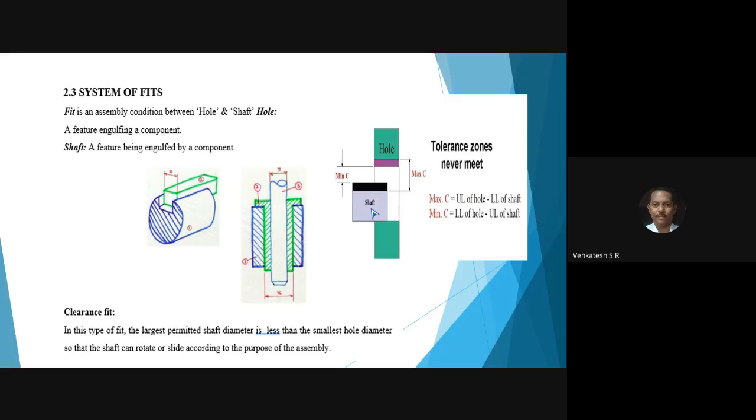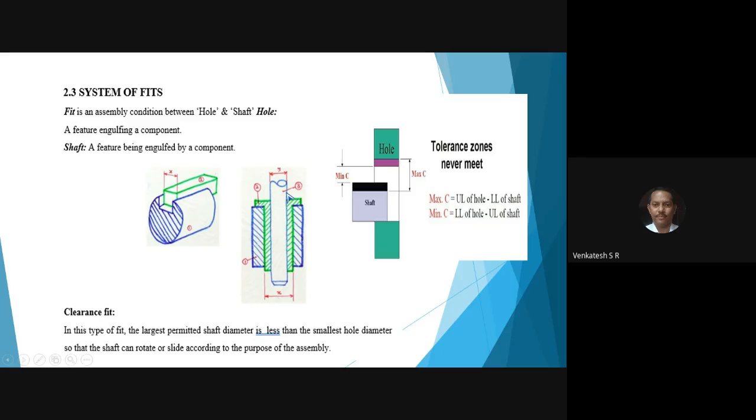The maximum difference between the diameter of the shaft and the hole is C. Upper limit of the hole minus lower limit of the shaft. Lower limit of the hole minus upper limit of the shaft.